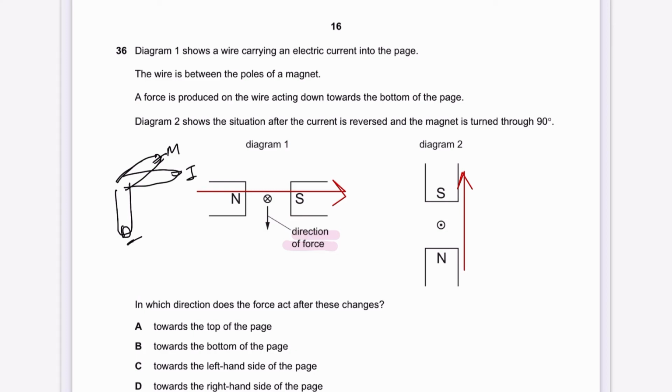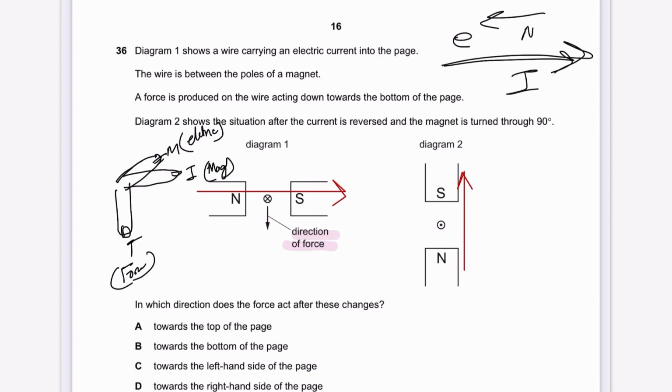Thumb shows force, index finger shows magnetic field, and middle finger shows the direction of movement of positive charges, the direction of current. For example, if we were told that electrons are moving in this manner, the direction of current would be opposite. So let's do this for diagram 2.